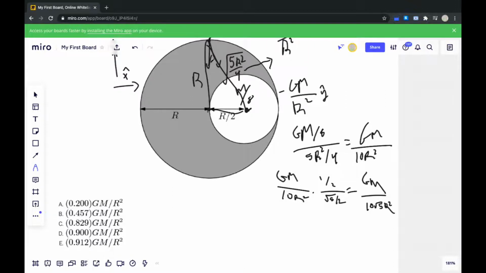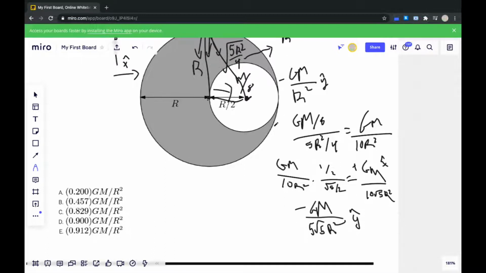And then the vertical component, you're just multiplying by 1 over root 5 over 2. So it's just going to give you GM over 5 root 5 r squared. And this is also going to be pointing downwards and pointing to the right. So it's going to be positive in the x hat and negative in the y hat.